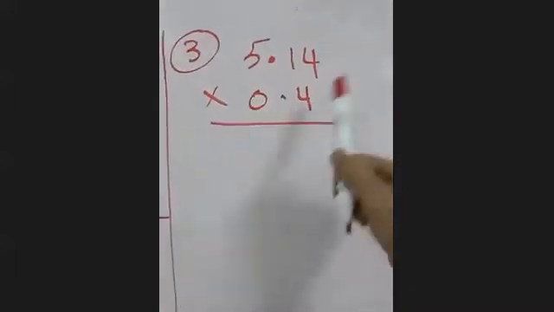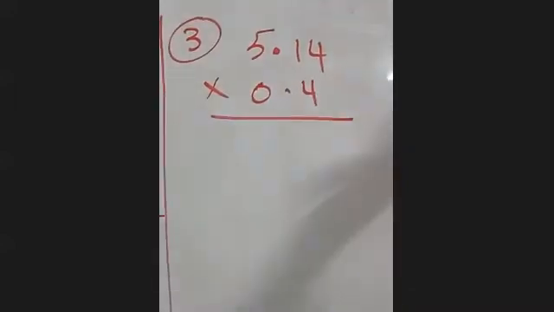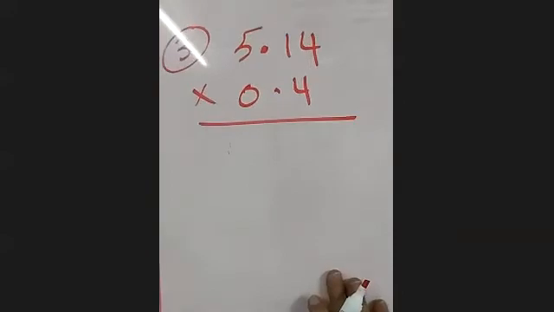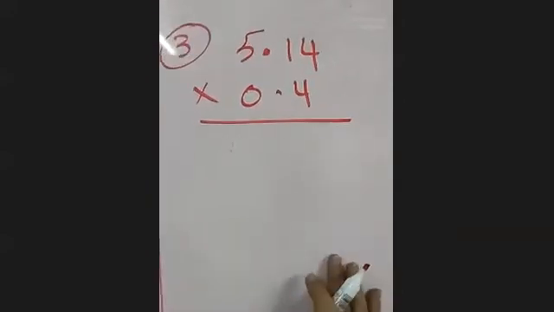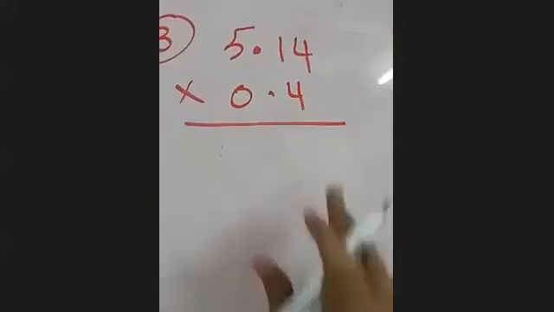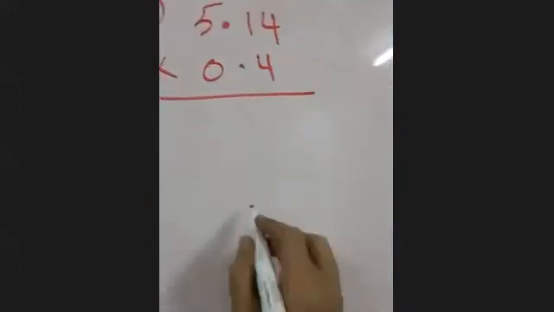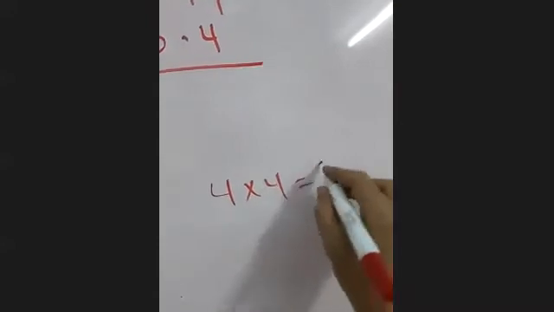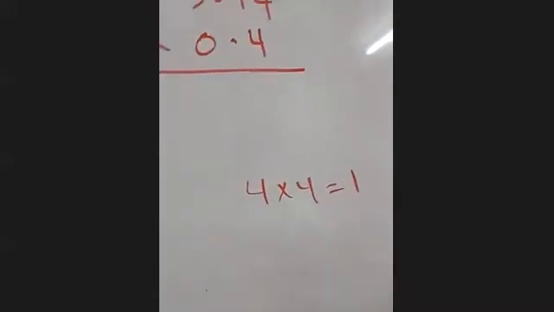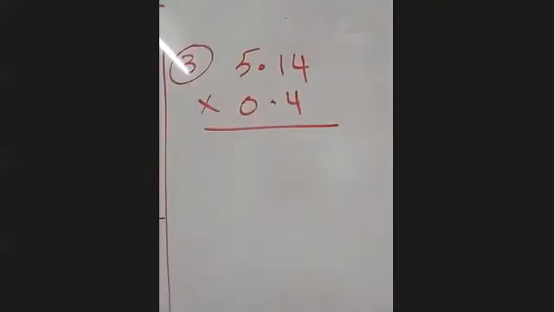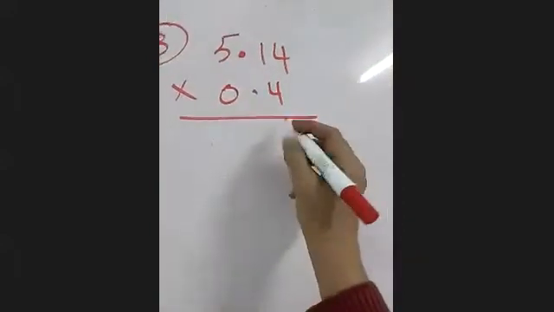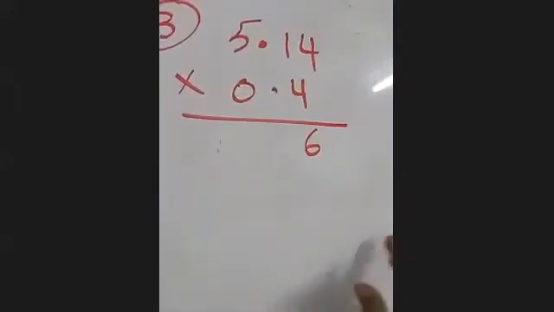Okay. 4 multiply 4, how much? 16. 4 multiply 4 equals 16.